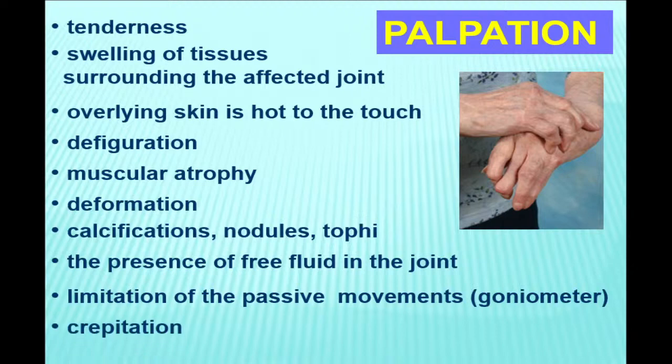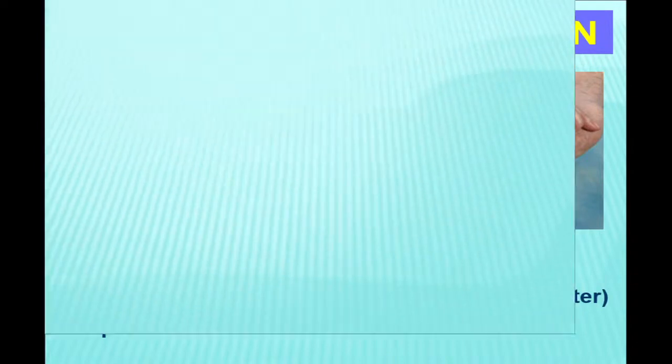On palpation, we can feel a specific cracking sound, crepitation, which is characteristic for affection of the joint cartilage, which loses its smoothness and elasticity, and which appears only in patients with deformed osteoarthritis.